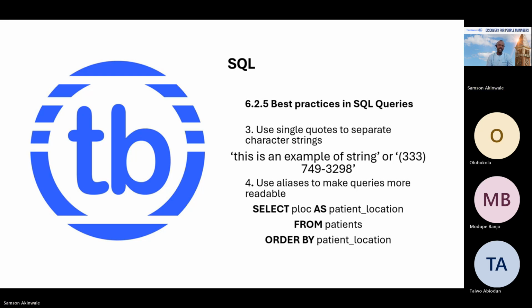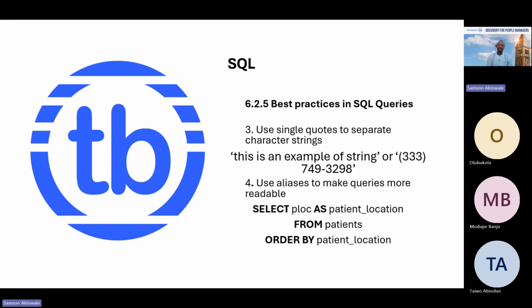So in situations where the existing column name is not easily lending itself to understanding, you can easily rename it. I will demonstrate it when we get back into the SQL environment after this.